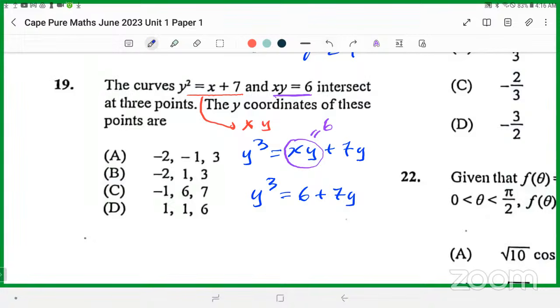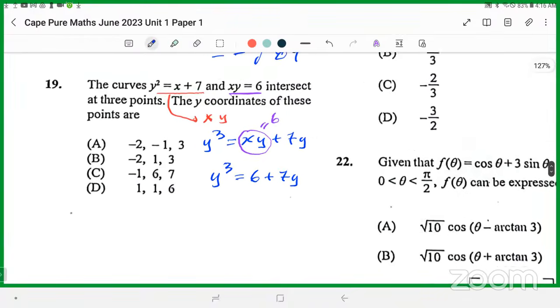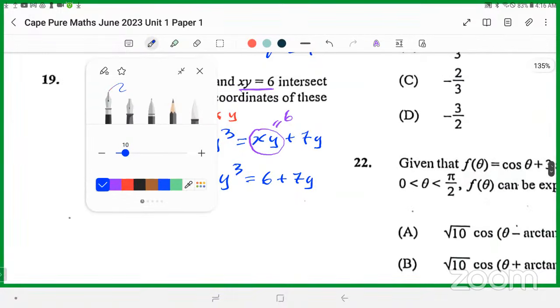Try a value like 1 first, because if 1 doesn't work, then it will eliminate these 2. I'll do the trial and error in red.